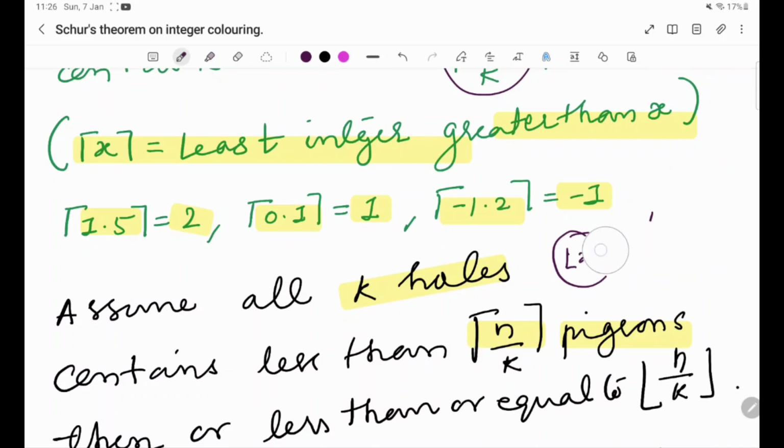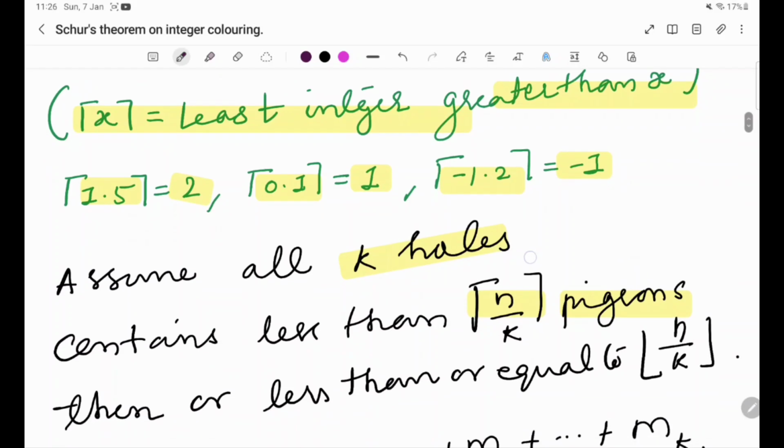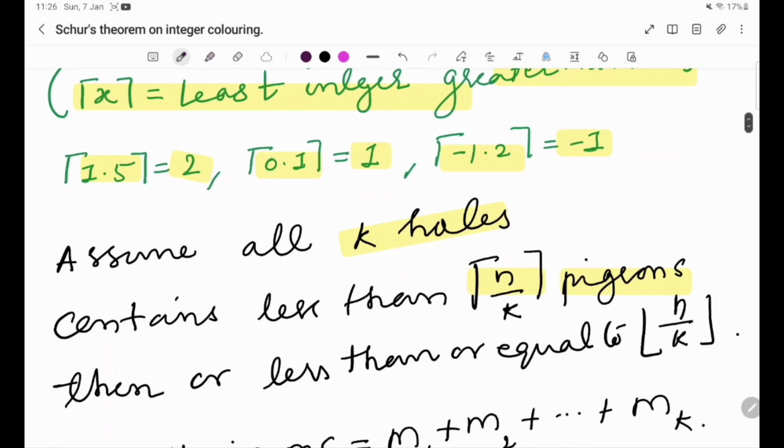By assuming like this, suppose all k holes contain less than ceiling of n by k pigeons, that means they contain less than or equal to floor of n by k. That is the idea. This is actually what we need.